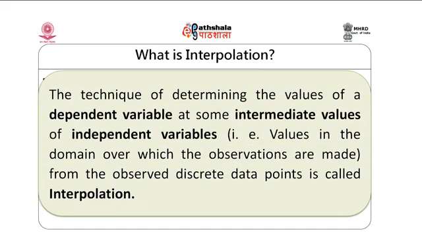The technique of determining the values of the dependent variable at some intermediate values of the independent variable, that is values in the domain over which the observations are made, from the observed discrete data points, is called interpolation.